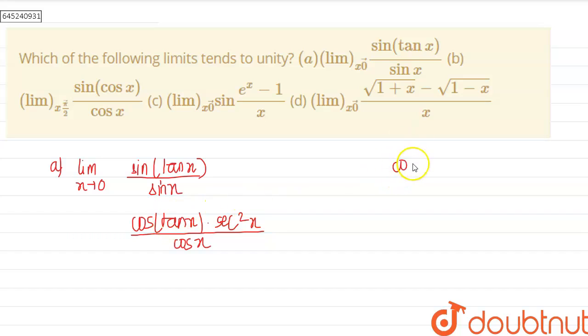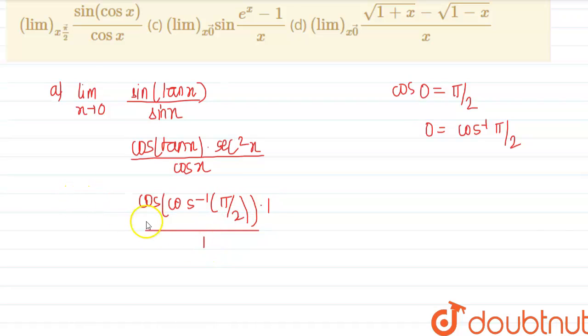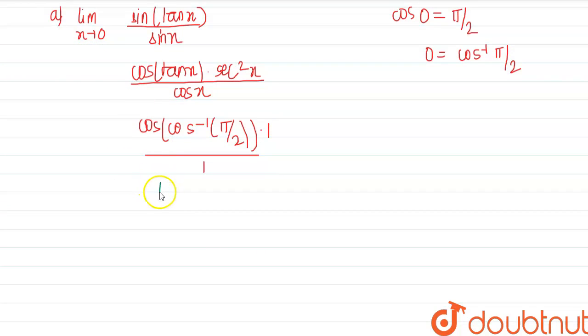And see, we know that cos of pi by 2 is 0, so we can write 0 as cos inverse of 0, that is pi by 2. So we can replace this tan x by cos of cos inverse pi by 2 into 1. This is also 1. So this is equal to pi by 2. So the value of this limit is pi by 2.